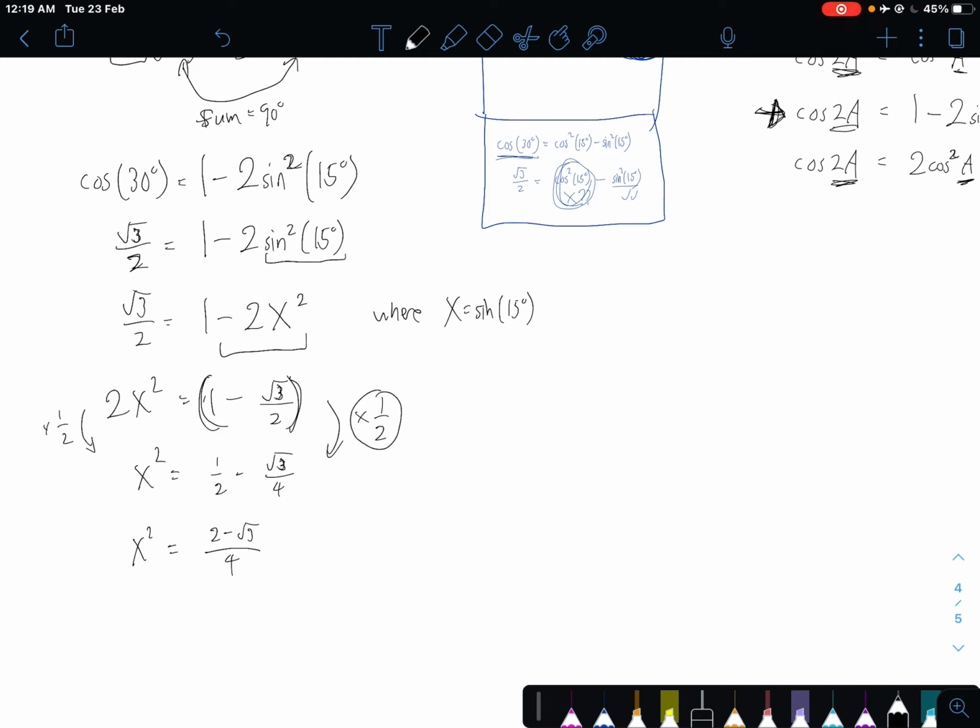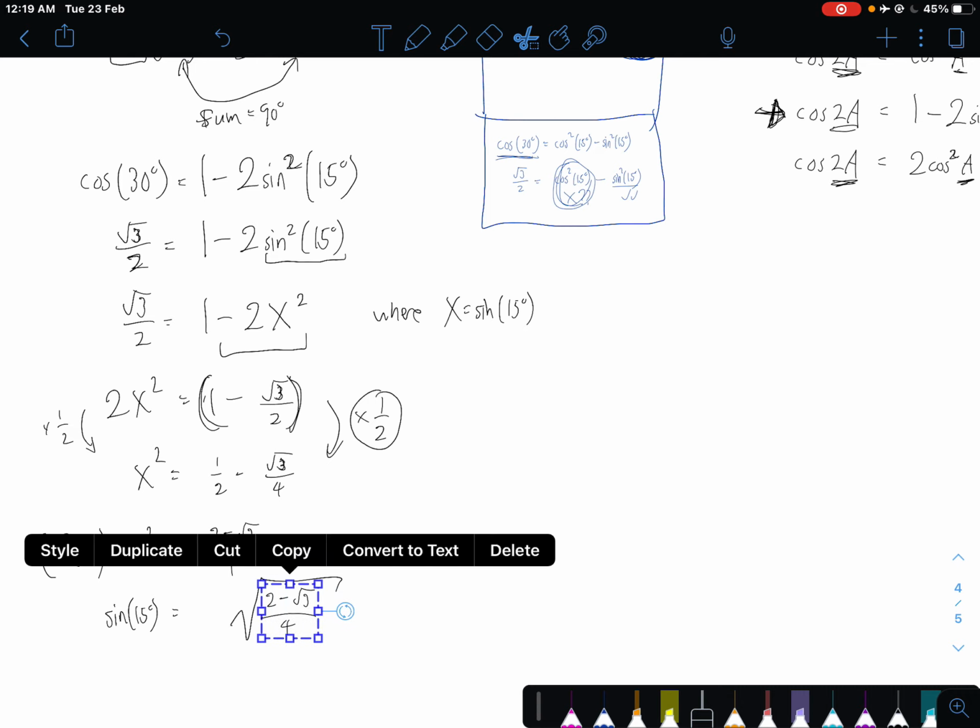But wait, what's x squared? It's nothing but sine square 15 degrees, which is our answer squared. So we need to take the square root in order to find our answer. What do we have to do when we take the square root? You know, right?